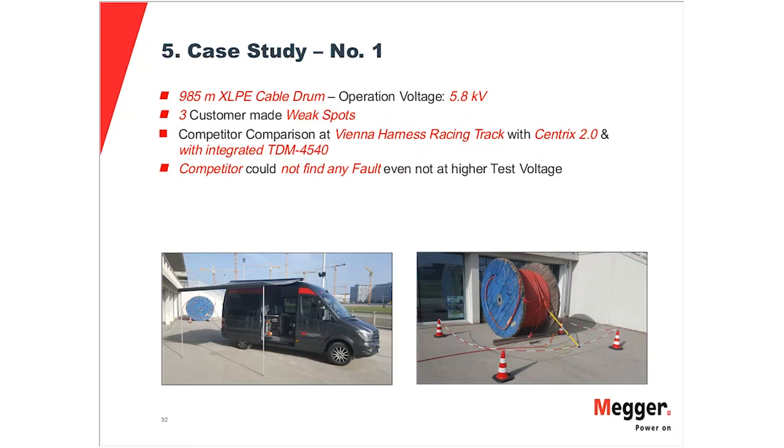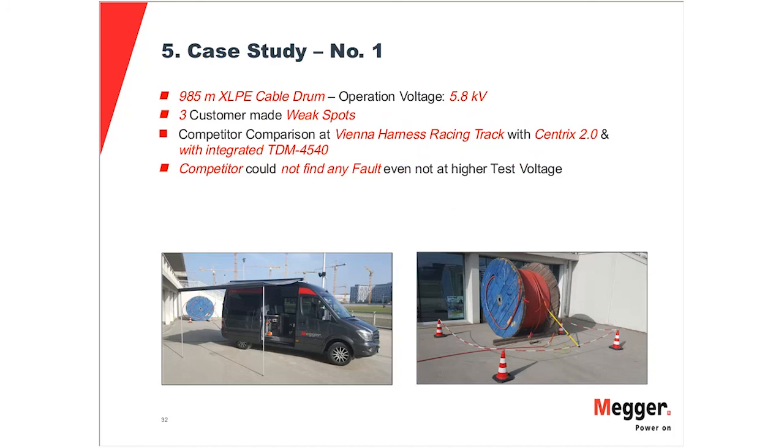So case study number 1: we have been invited by a cable manufacturer, and this cable manufacturer has invited 3 parties to run a test on a cable on a drum, and the customer has built some weak points into that cable, and he wanted to see who is able to find these weak points. What we have done here is use the Centrix test one where a TDM45 is built in.